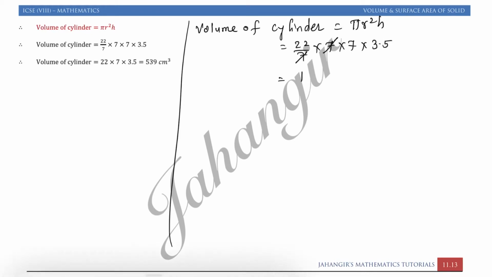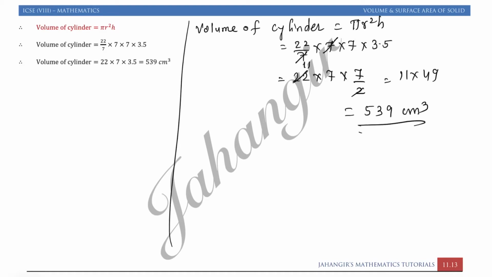We can write 3.5 as 7 by 2, so 22 into 7 into 7 by 2. 2 will get cancelled, 11. So 11 into 49, that is 539 centimeter cube.